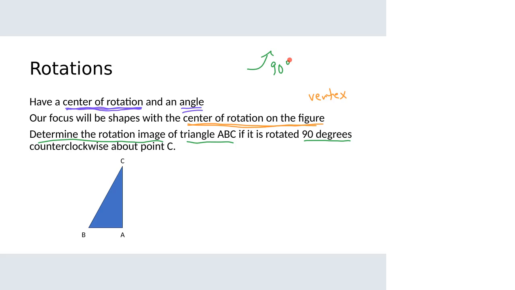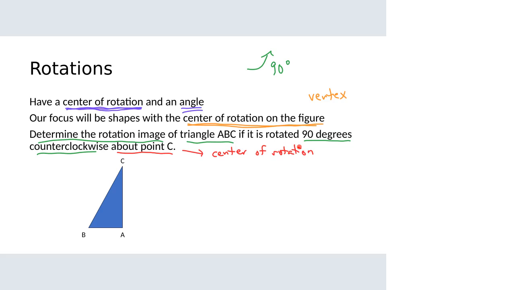Okay, that's all well and good. I know I'm 90 degrees, and I know I'm counterclockwise, and about point C. This is what gives me my center of rotation. I'm rotating about point C, which means point C is not going to move.